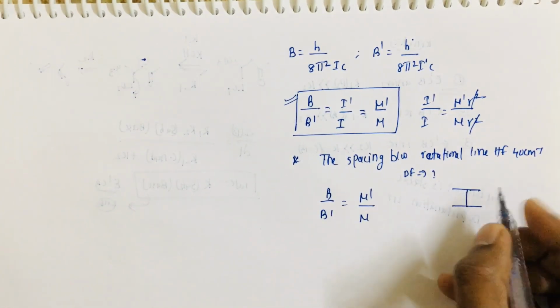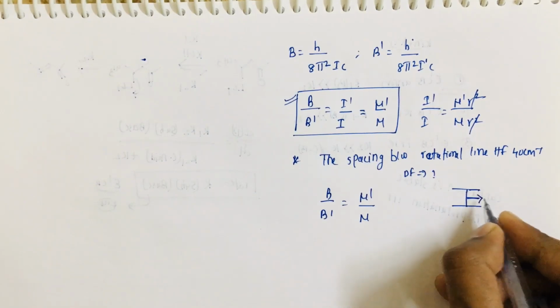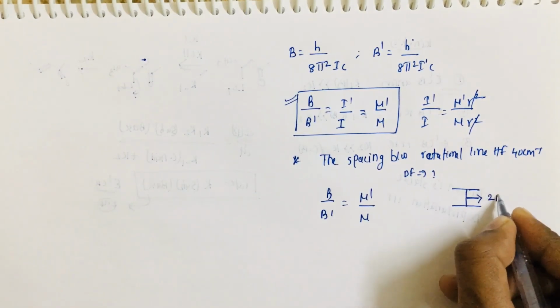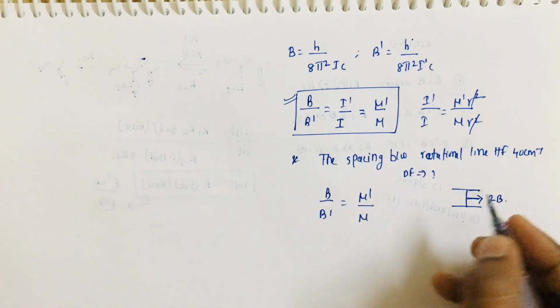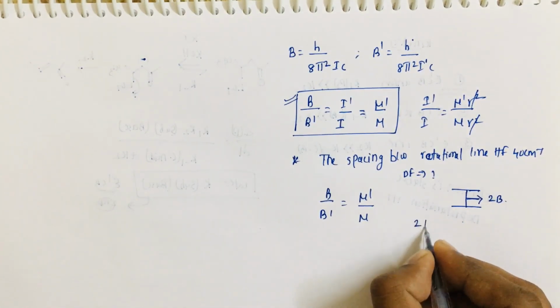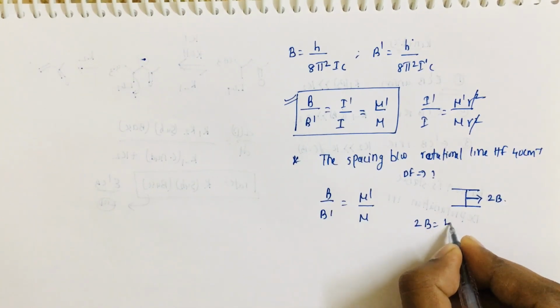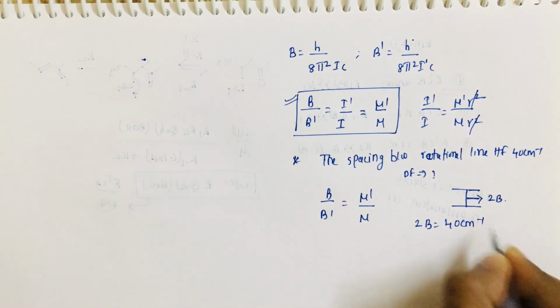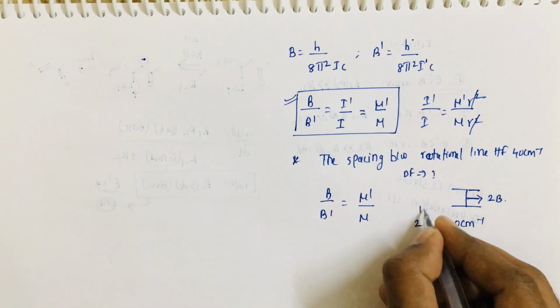Okay, so we know that the energy difference between the lines will be 2b, right? Now 2b equals 40 centimeter inverse. This is for HF.